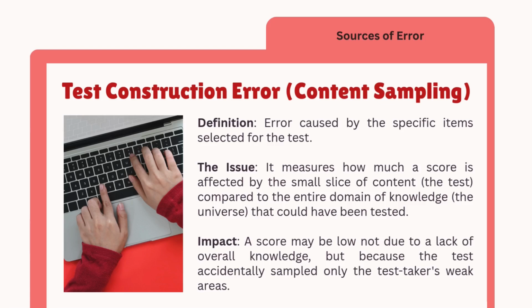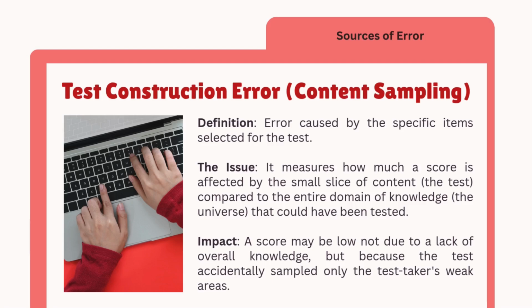So this introduces unreliability because someone's score might be low, not because they lack knowledge, but because the test accidentally hit their weak spot or missed their strong spot in regards to that topic.